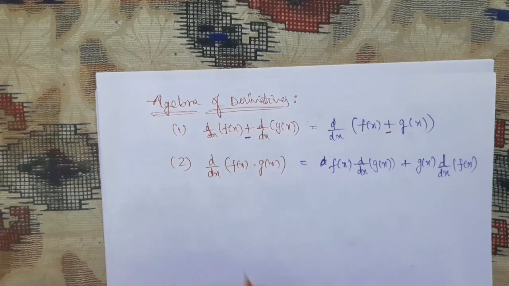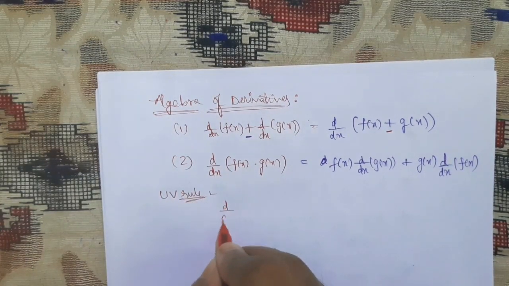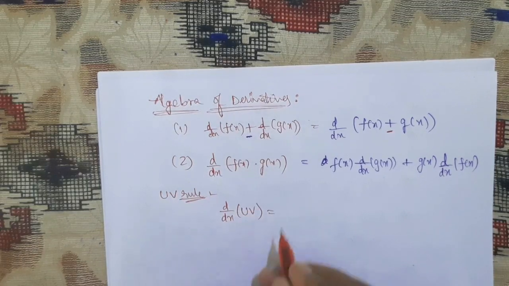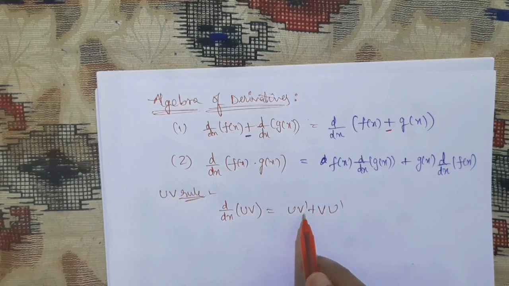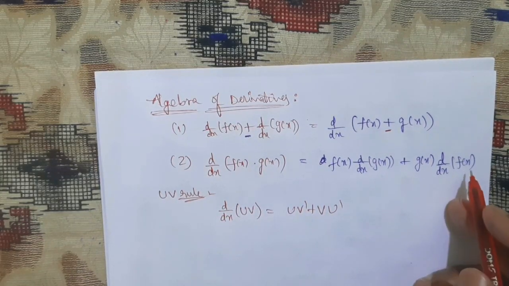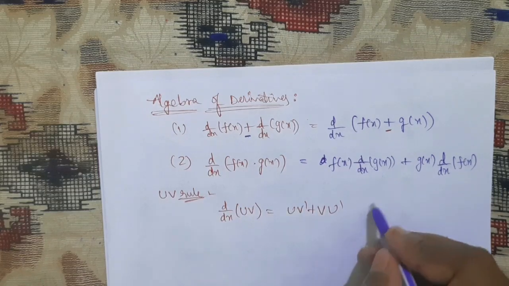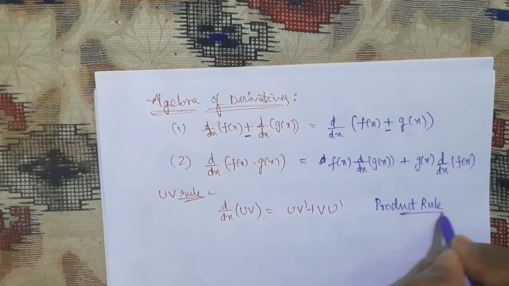Simply, we consider this as the uv rule: d by dx of uv is u v dash plus v u dash. Here v dash is d by dx of g of x, and u dash is d by dx of f of x. This rule we consider as the product rule.